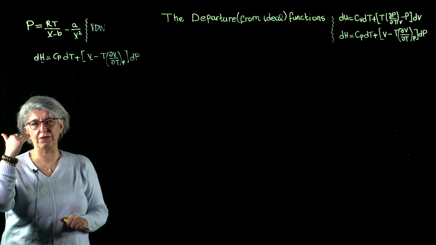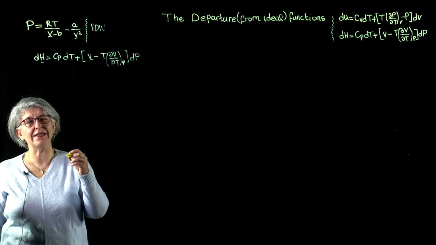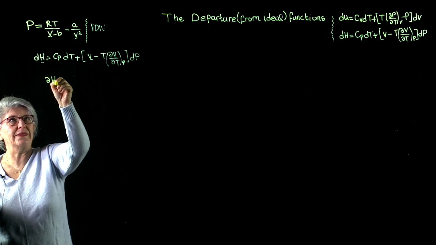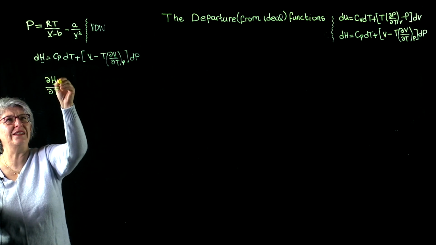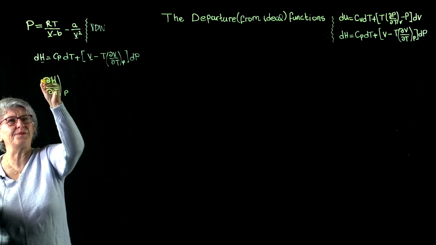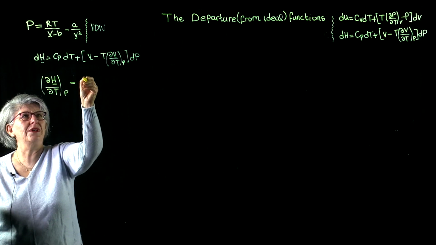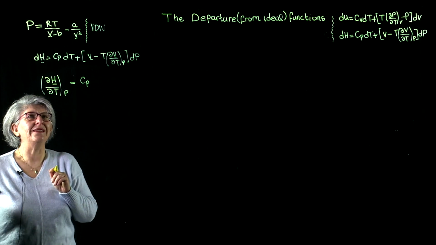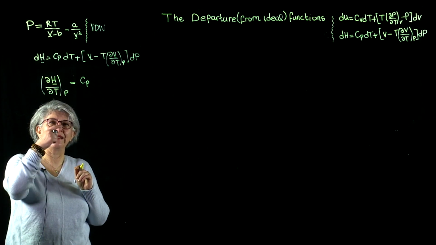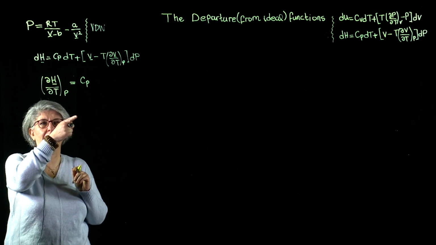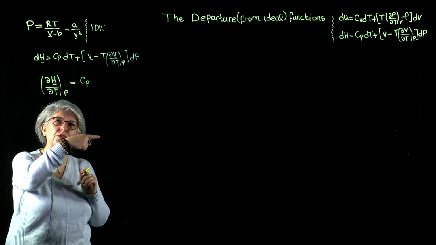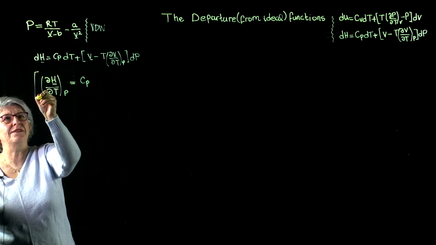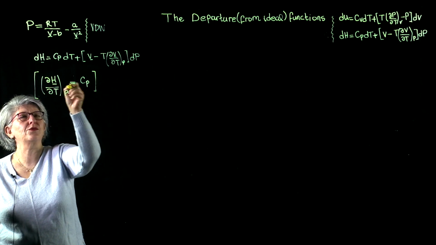Now we're going to just take a step back, and remember that del H over del T at constant P is equal to Cp. All right. Then we are going to take the second derivative of this with respect to the other variable. What is this other variable? We're going to differentiate this whole thing with respect to P.